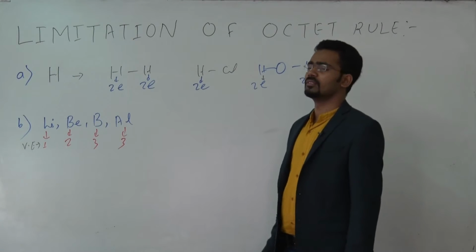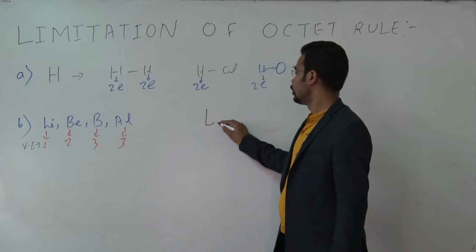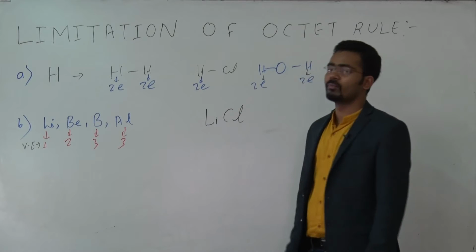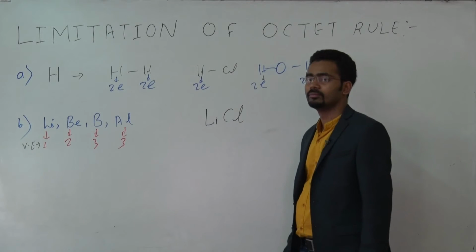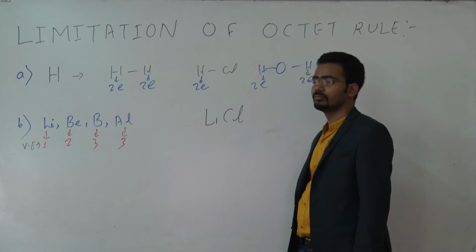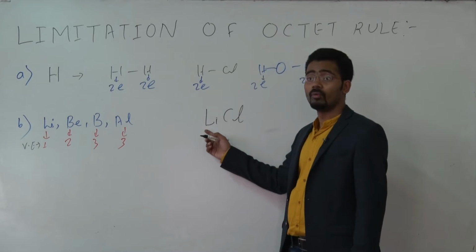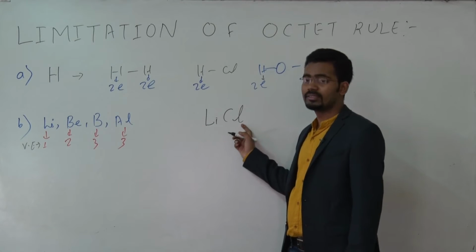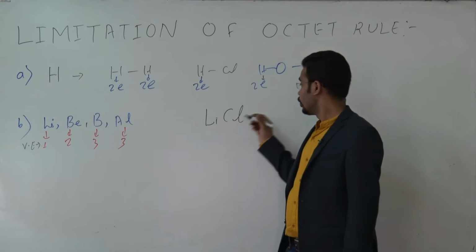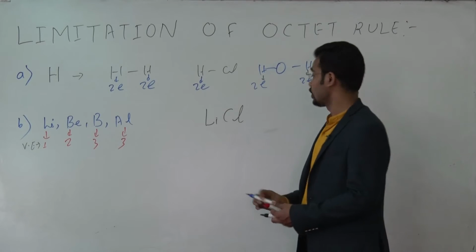Lithium chloride is a covalent compound. You have to write the structure of lithium chloride. How do you write it? How many valence electrons are on lithium? 1. Chlorine has 7. Yes or no? First, write only the valence electronic configuration.